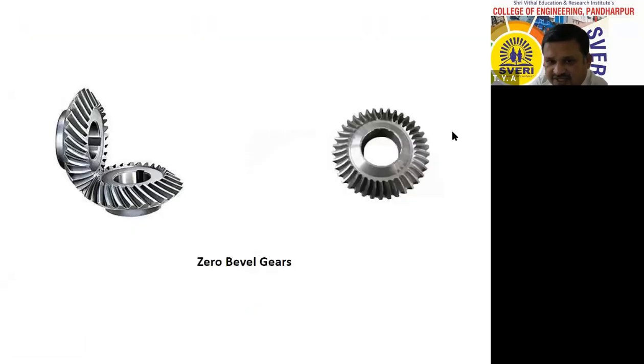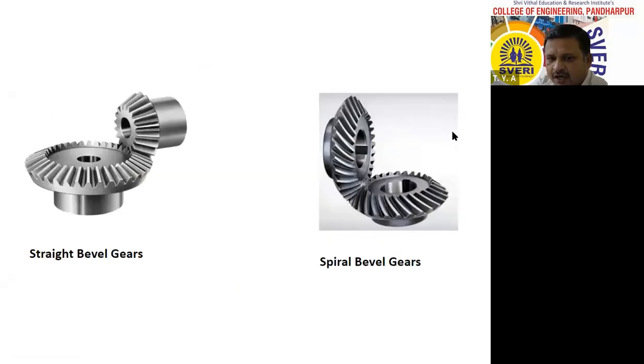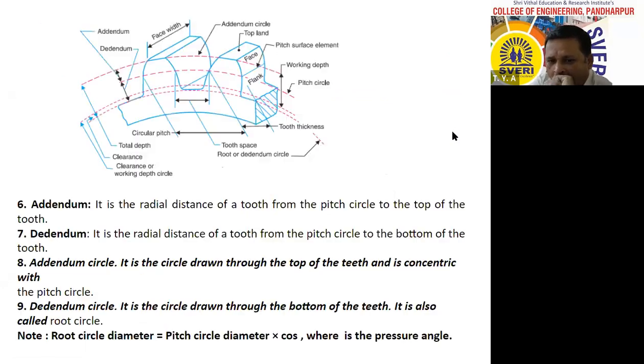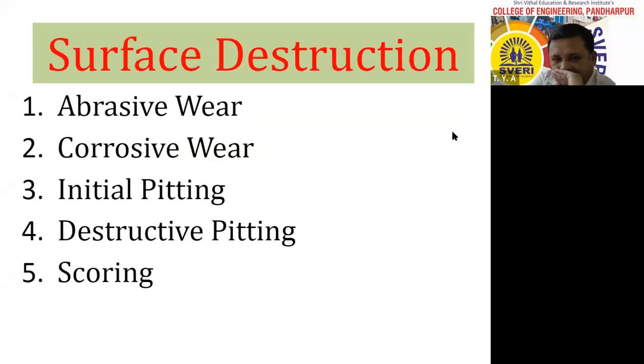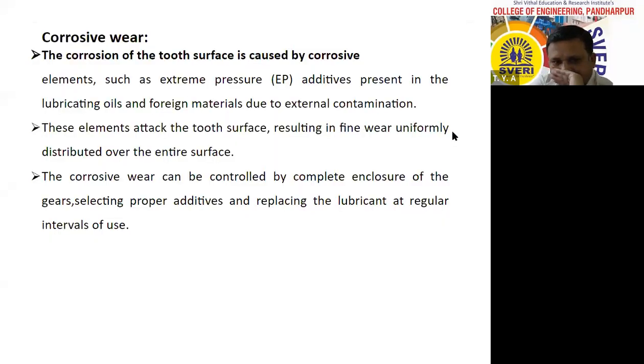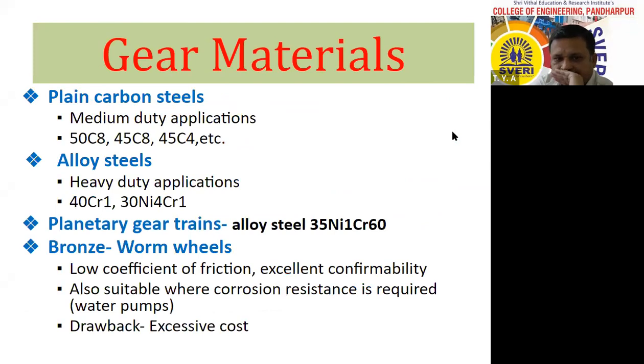These gears we have already seen. Drawback, excessive cost. That's why in case of worm and worm wheel, the core or center portion is made up of cast iron.